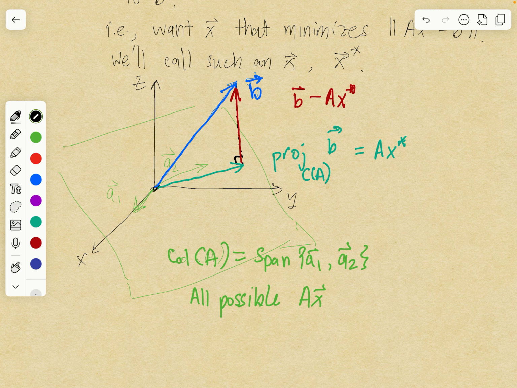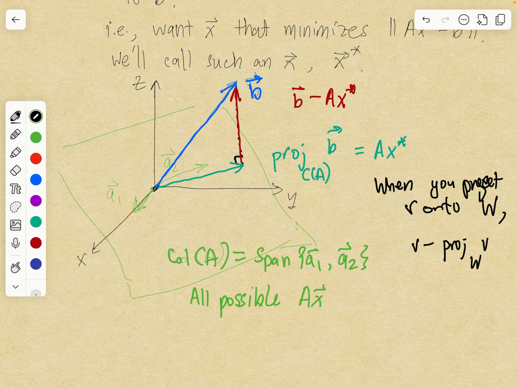So recall that when you project a vector, say V, onto a subspace W, when you look at the difference, V minus the projection of V on W, this vector is actually not just orthogonal to the projection, it's orthogonal to all of W, meaning it's perpendicular to every vector in W.